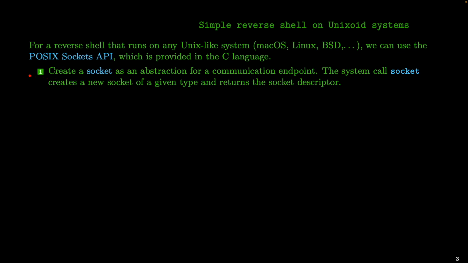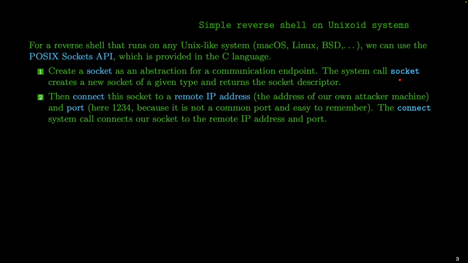The steps we have to do to create a reverse shell are the following. First, we create a socket, which is a computational abstraction for a communication endpoint. And this can be done by a system call that is aptly named socket. This will give us a socket descriptor for this newly created socket.